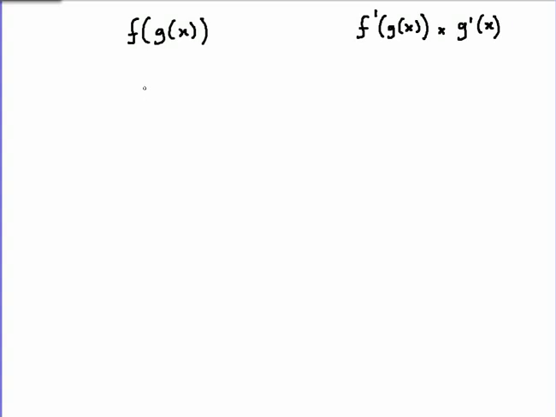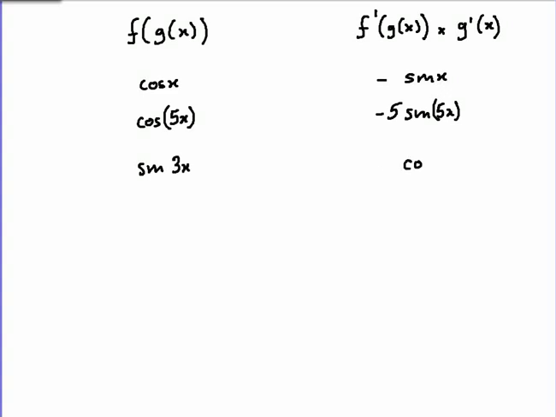So for example, we know that cosine of x differentiates to minus the sine of x. So if we have a composite, cosine of 5x, then it differentiates to minus sine of 5x, multiplied by the derivative of the inside, 5. Sine of x we know goes to cosine of x, so sine of 3x goes to cosine of 3x, multiplied by the derivative of the inside, 3.